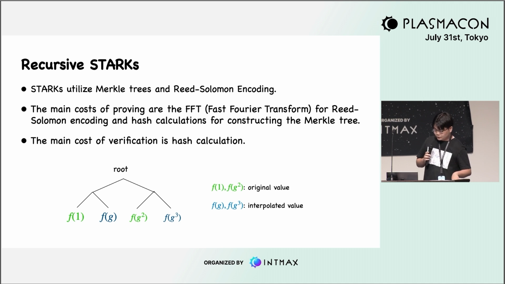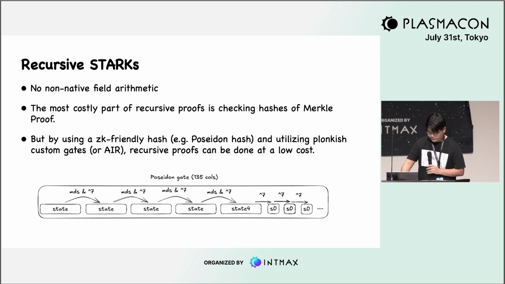On the other hand, the most computationally intensive part of the verifier is the verification of hash calculations for verifying Merkle proofs. Recursive STARKs don't use elliptic curves, so non-native field arithmetic is not necessary. Also, while the most costly part is hash calculation, we can reduce this cost by using ZK-friendly hashes like Poseidon hash.